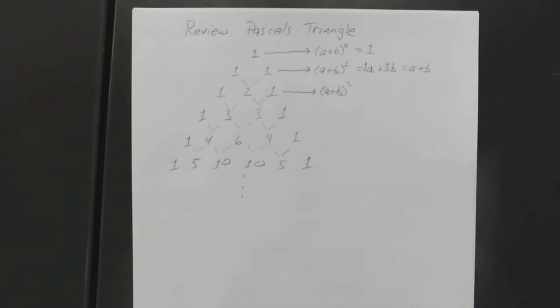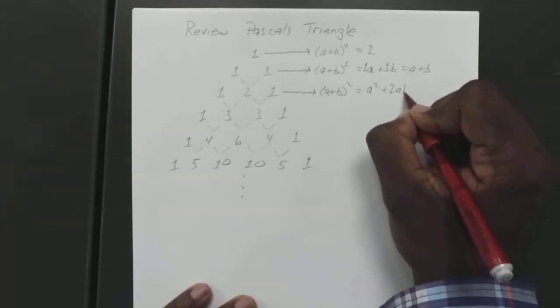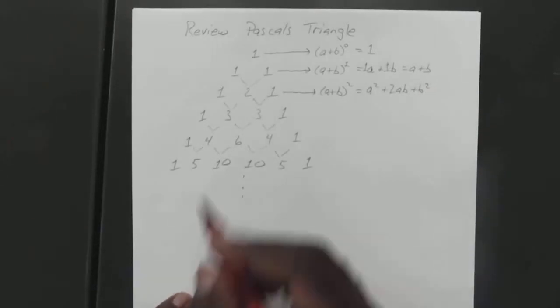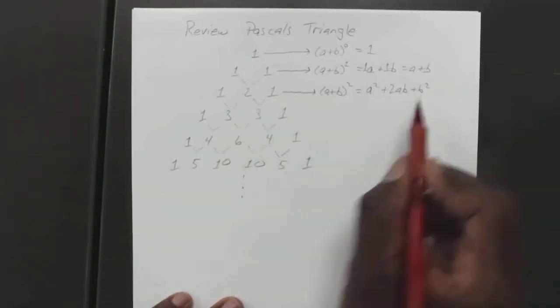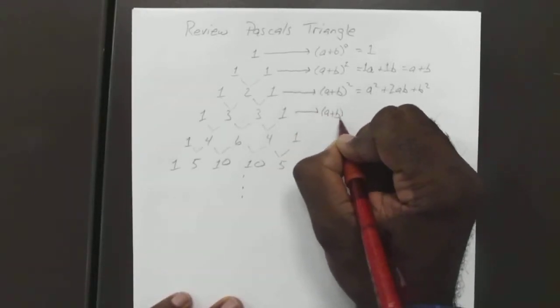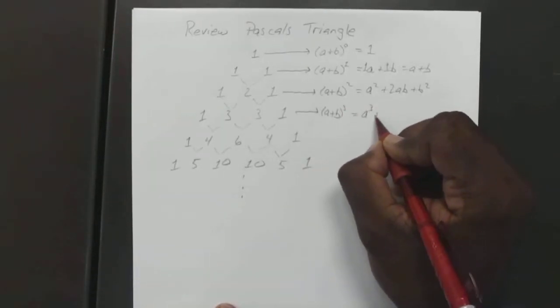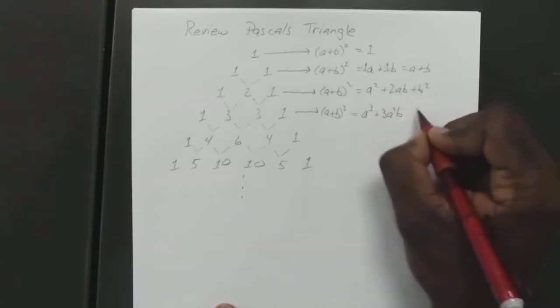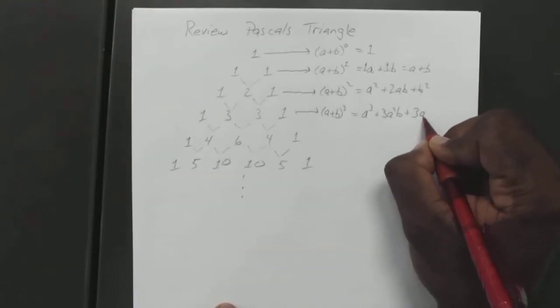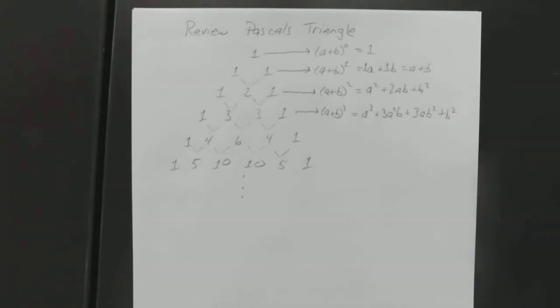Okay. So a plus b squared, if you separate it and do the FOIL method, you have a squared plus 2ab plus b squared, matching the 1, 2, 1. So a plus b to the third power is a to the third plus 3a squared b plus 3ab squared plus b cubed.